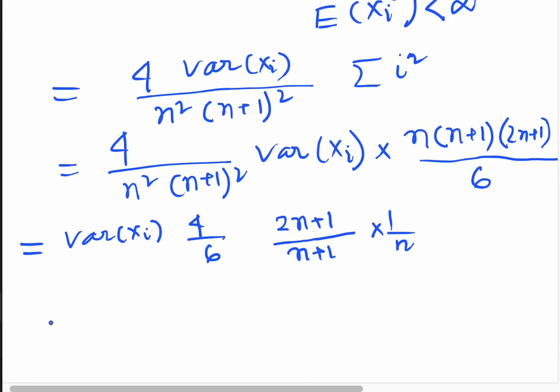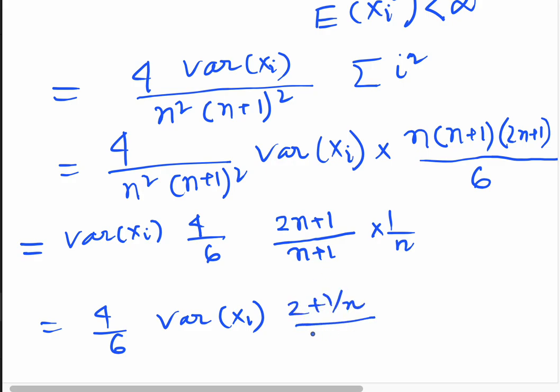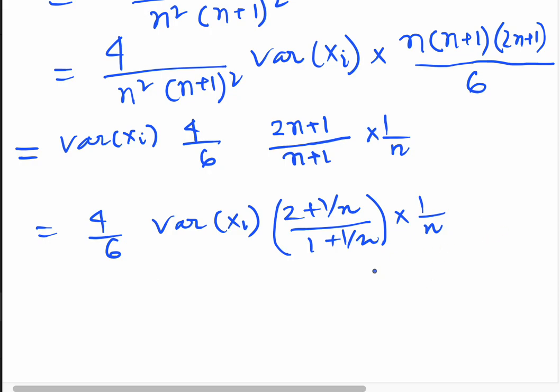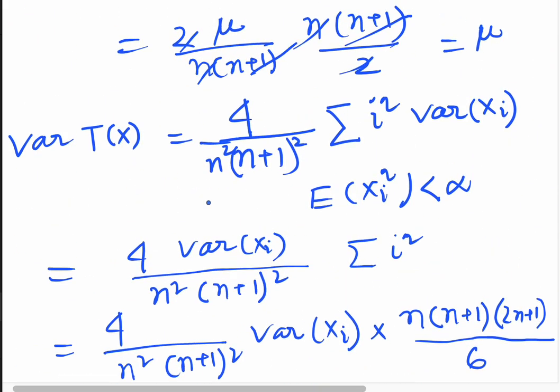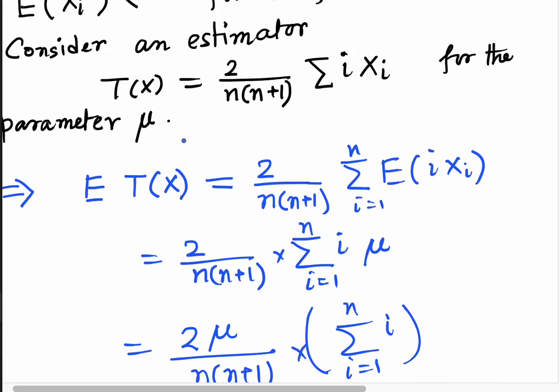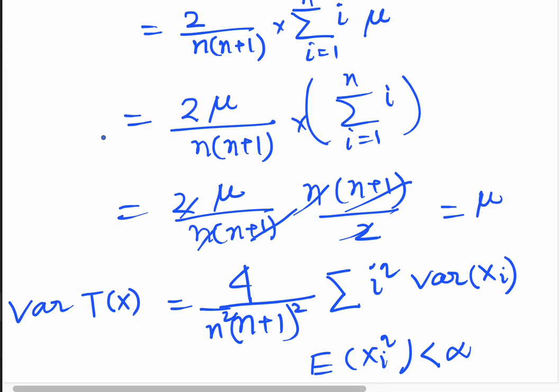Now we can write it as 4 by 6 variance of Xi times 2 plus 1 by n, and 1 plus 1 by n, and 1 by n. So if n tends to infinity, this tends to 0. That means this estimator for mu is an unbiased and consistent estimator. So that's all. Now let's move towards the next question.